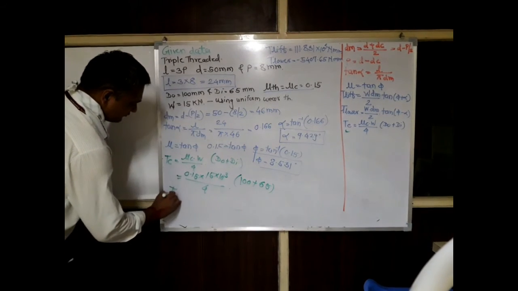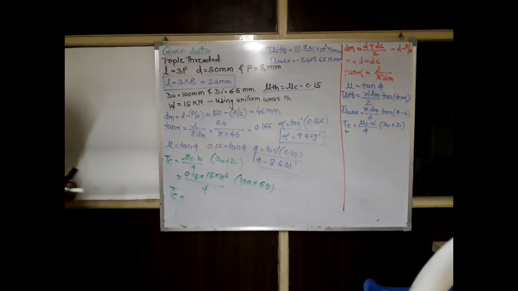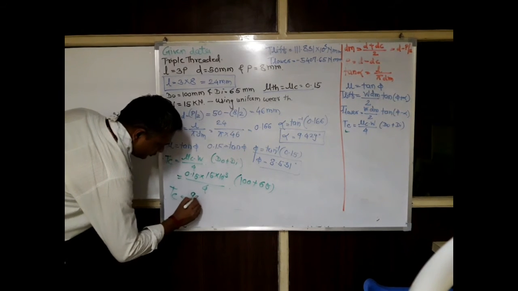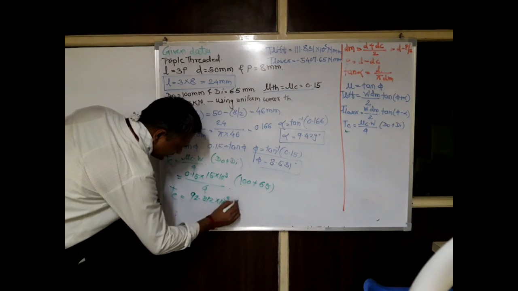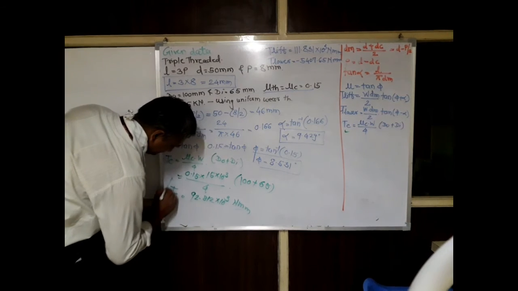Now find out the collar friction torque using a calculator. It comes to be 92.812 into 10 raised to 3 Newton mm.